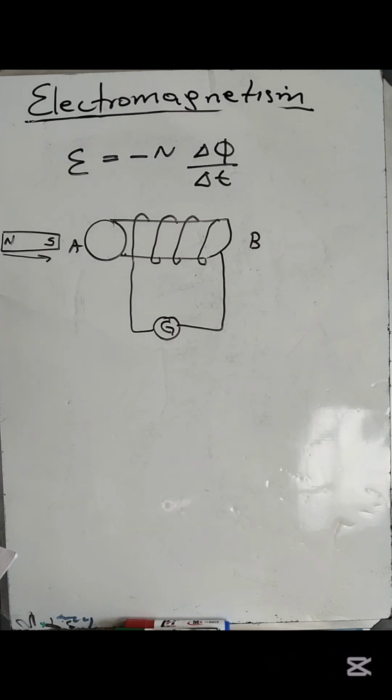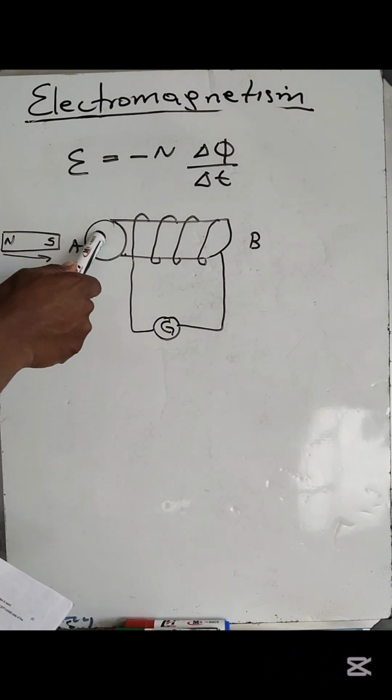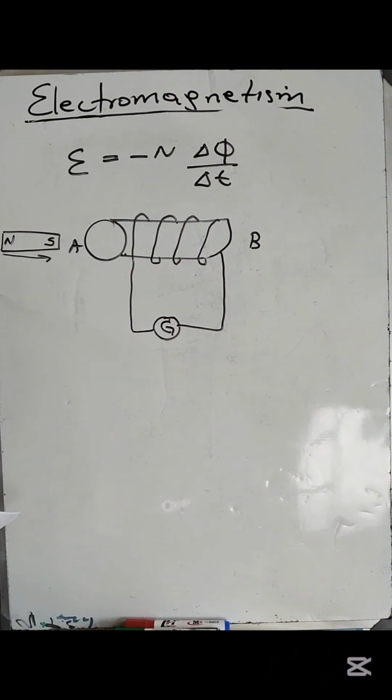Now the first question under this says, what is the polarity, north pole or south pole, of the left hand side of the solenoid as a bar magnet approaches?